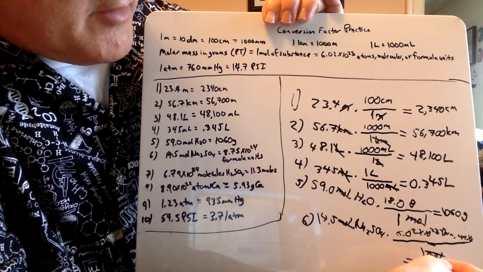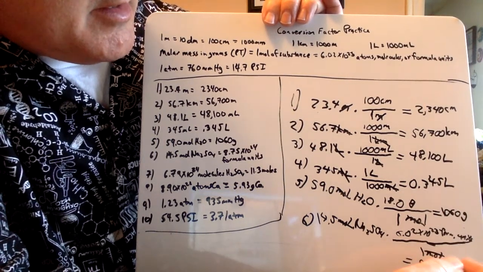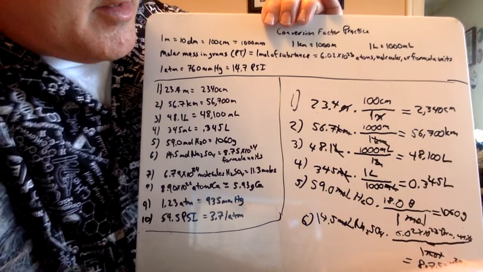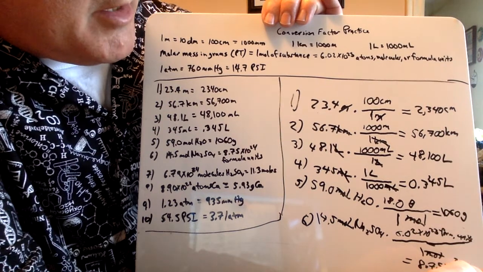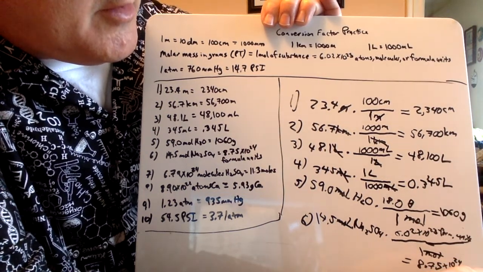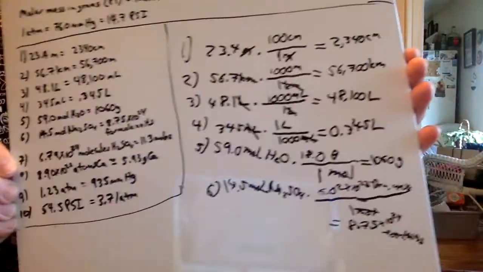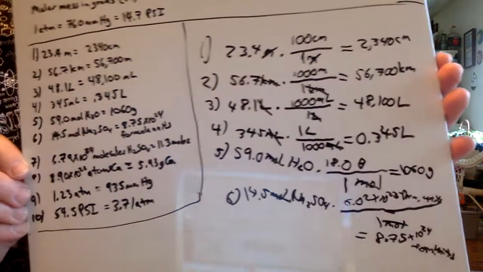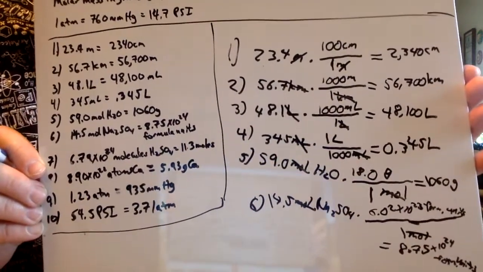I know my writing's not very good, I'm trying to write sideways here. And our unit is formula units. All right, 8.75 times 10 to the 24th formula units.